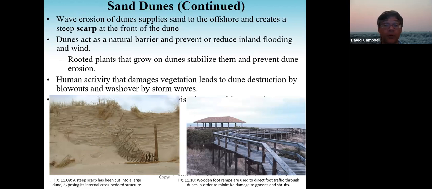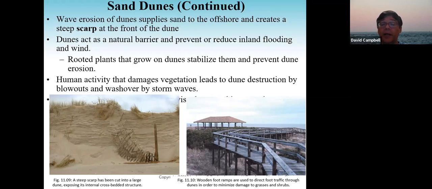Dunes provide useful protection, help to prevent flooding coming in during storms, especially with plants growing on them. If we damage the plants or bulldoze the dune out of the way entirely, just make a shortcut to the beach, that's also a shortcut from the beach for the storm waves.